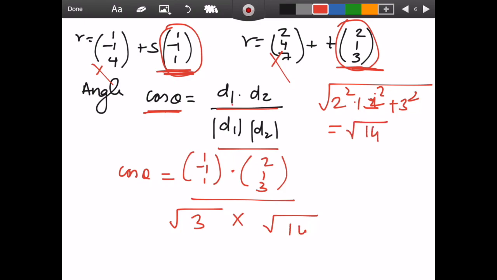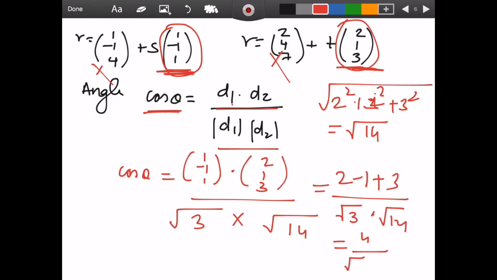This simplifies to 2 minus 1 plus 3 over root 3 times root 14, which is 4 over root 3 times root 14. So theta exactly is cos inverse of 4 over root 3 root 14.